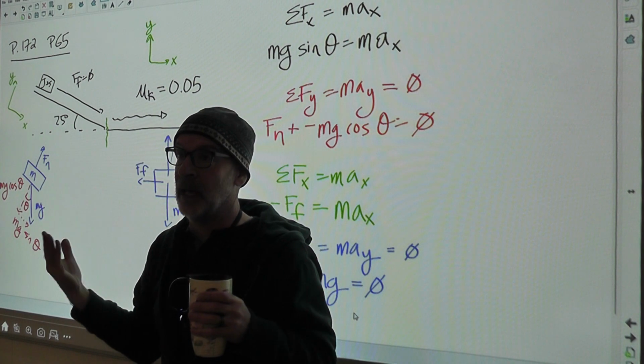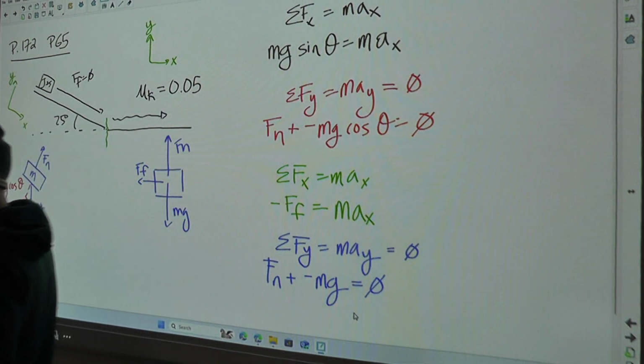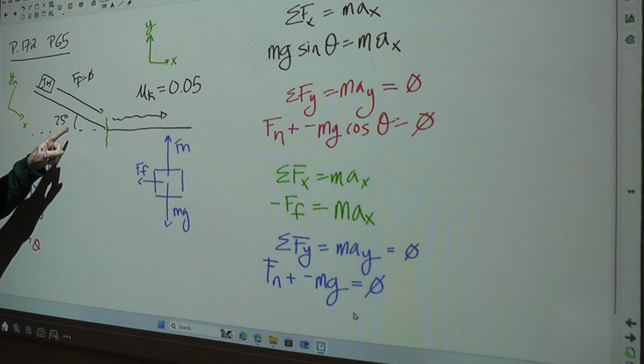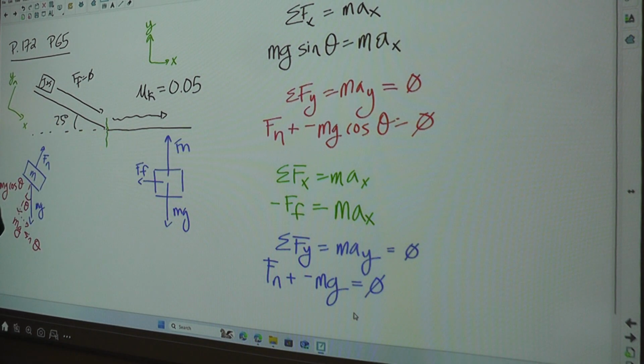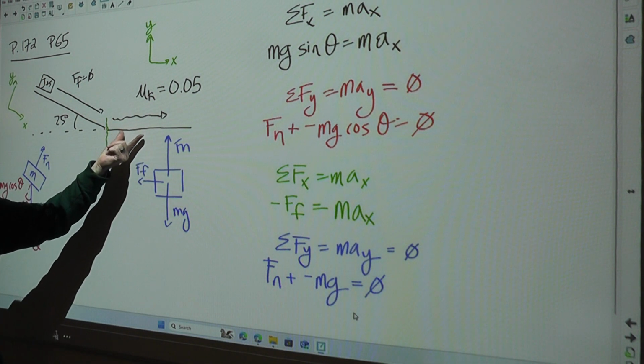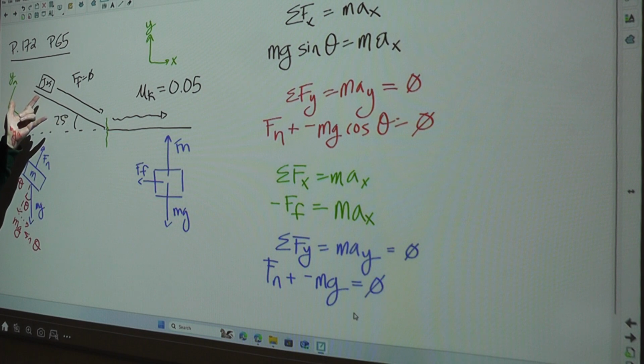Okay, that's the generality. Some of the specifics here are that one of those angles was 25 degrees, the other was 0. We had some information like the coefficient of friction on the flat part, and we knew that there was no friction on the part that was sloped.